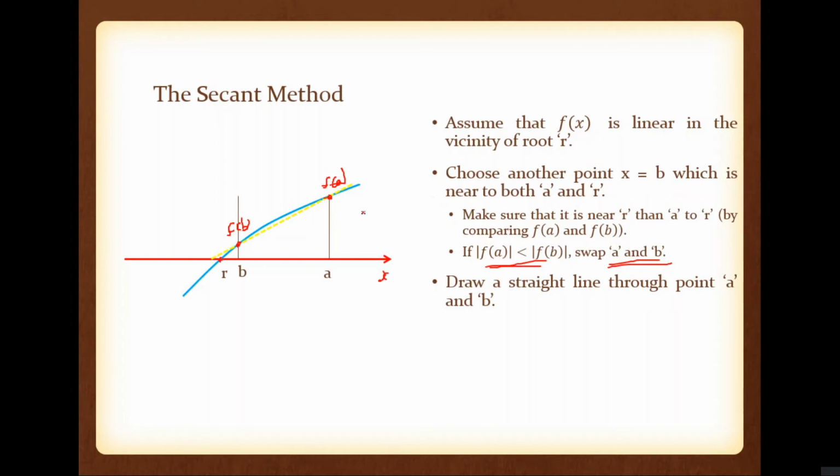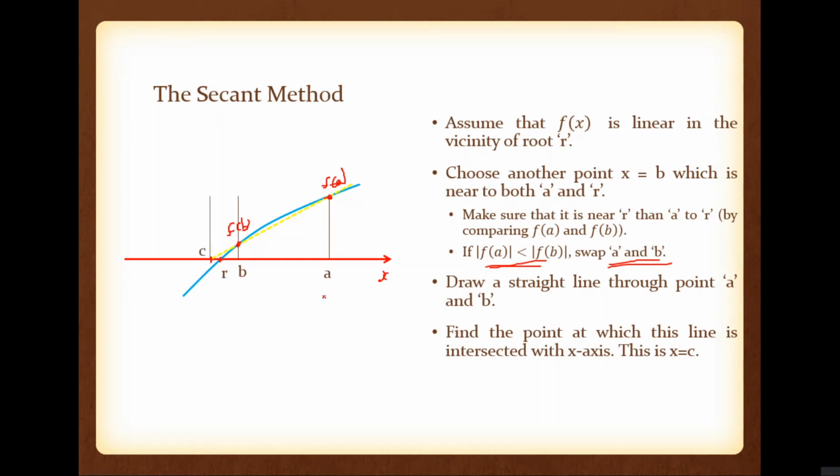You can see that this straight line intersects the x-axis at a point, not at r. It intersects at some other point that is very close to r. We select this intersecting point as C, the point at which the straight line intersects the x-axis.